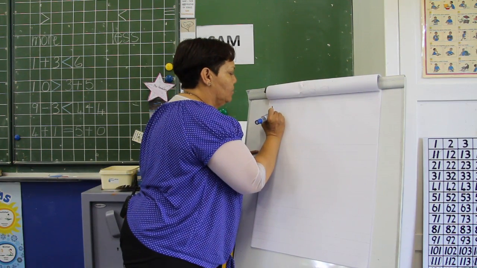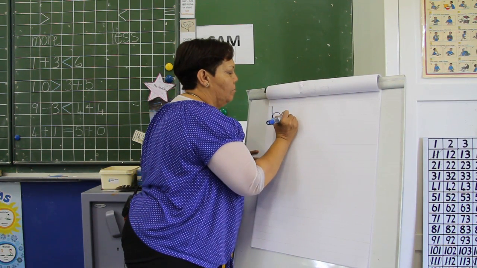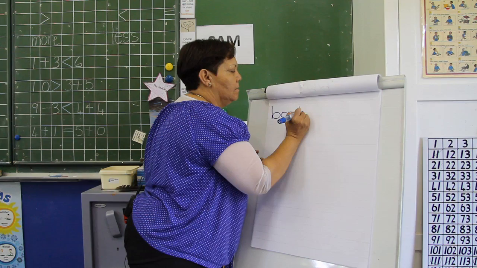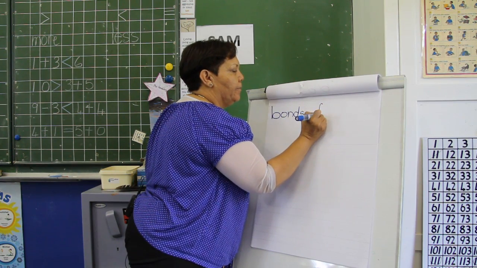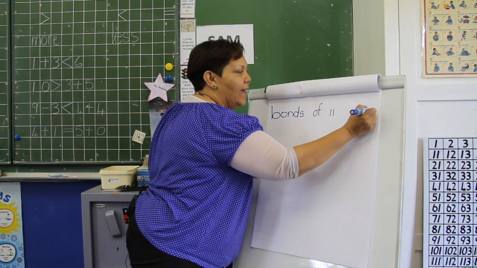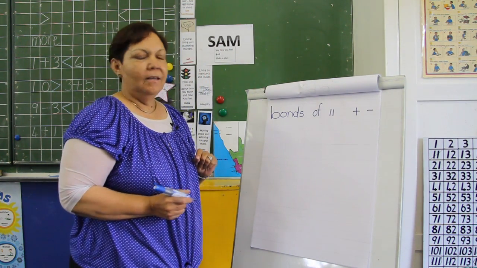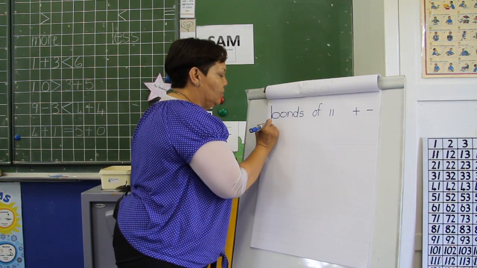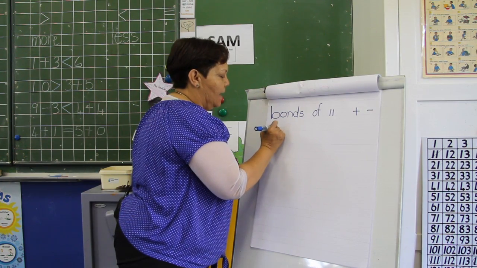So today we are going to write bonds of 11. And we are going to do plus and minus. The first sum we are going to do is 0 plus.